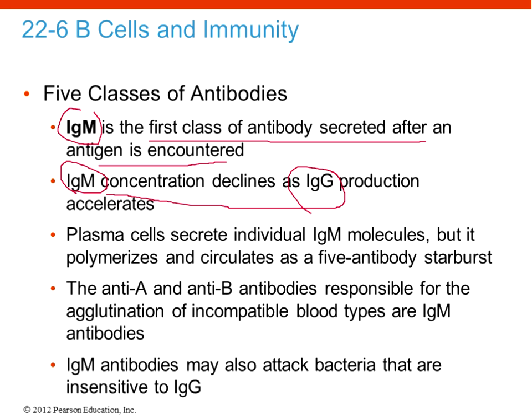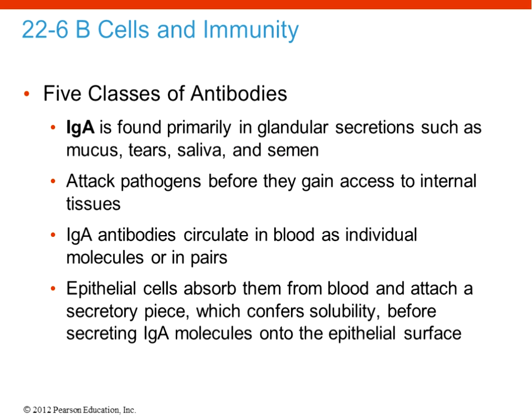And then IgM will decline as IgG, which we said is a really common, 80%, very significant antibody, will then accelerate its production. Okay? Plasma cells secrete IgM molecules and it circulates as a sort of five-antibody starburst, but then over time we see a change in this, and IgG antibodies start to take over. And we'll talk a little bit about different levels of antibodies and what happens in the initial response.